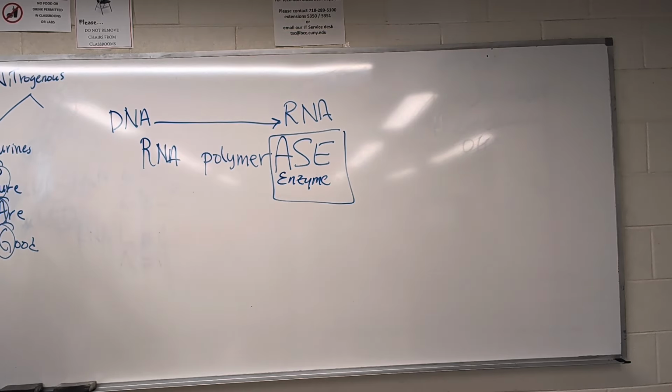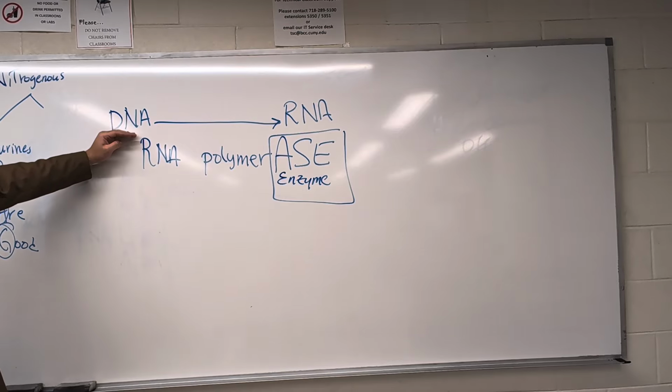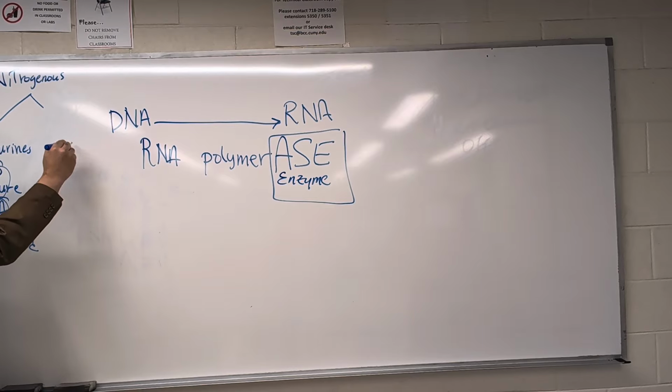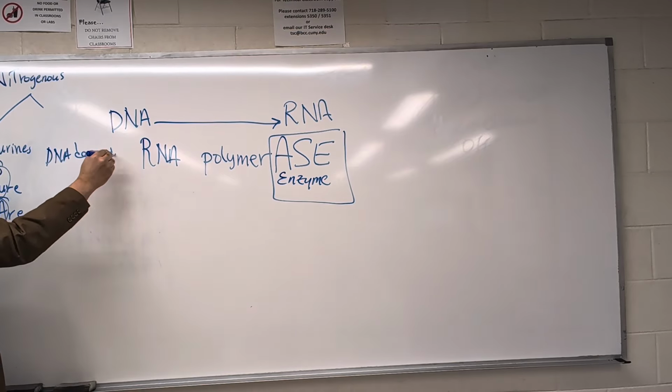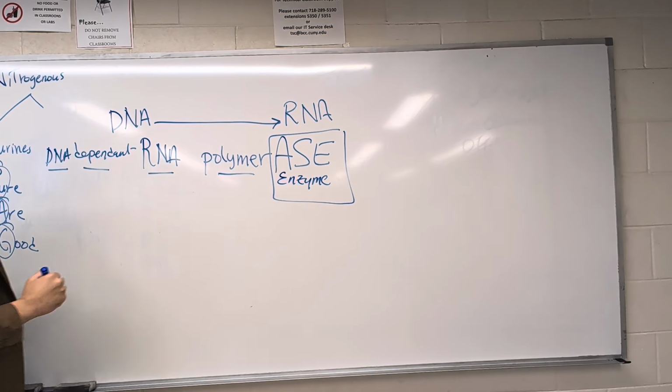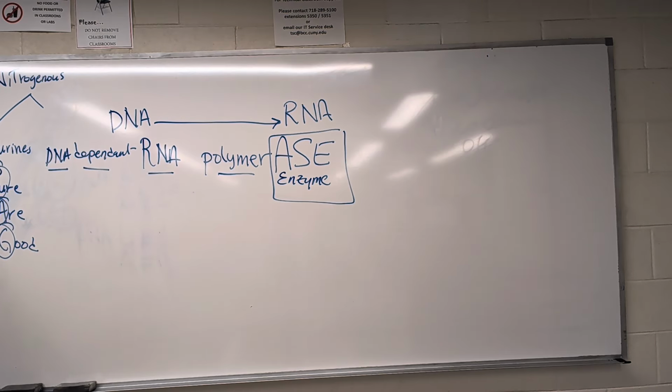You also need to know what it was based on. So it was depending on DNA, so it's called DNA dependent RNA polymerase. Now that should make sense to you. From the name, it's very obvious.